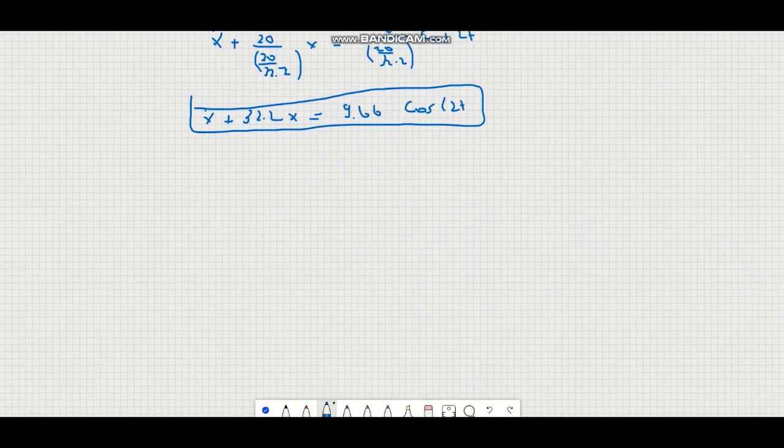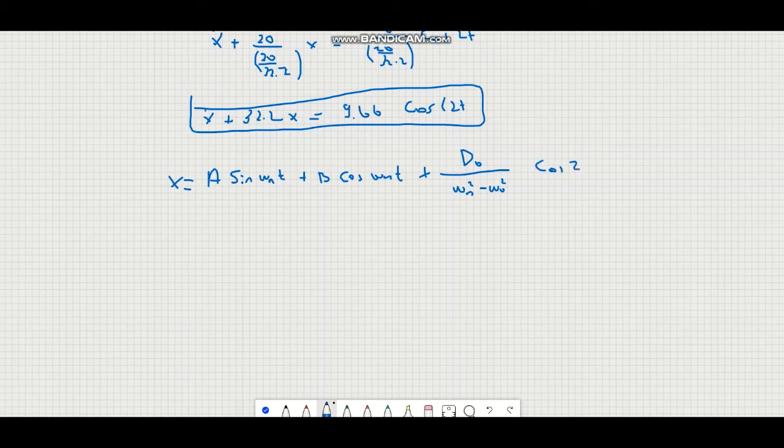And we know the solution of this kind of equation is x equals A sine natural frequency t plus B cosine natural frequency multiplied by time, plus d0 over natural frequency squared minus the forcing frequency squared, multiplied by cosine 2t.